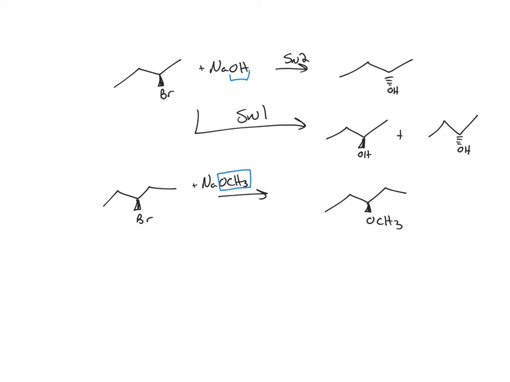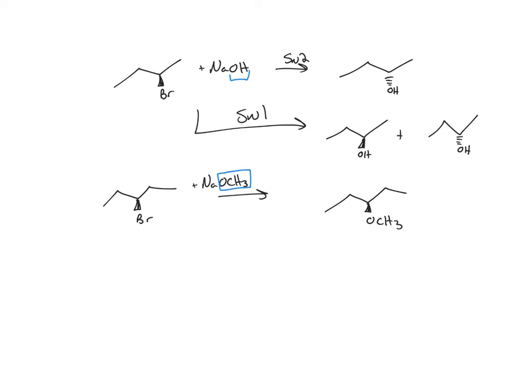No, so inversion doesn't matter. We can just flip it over. So those two would be the same, an OCH3. So we have to make sure we have a stereocenter first. If we don't have a stereocenter, SN1 or SN2 really doesn't matter a lot. Inversion on this doesn't mean anything. We didn't start with an R, we can't invert that to an S. We start with nothing, and we end with a different nothing.